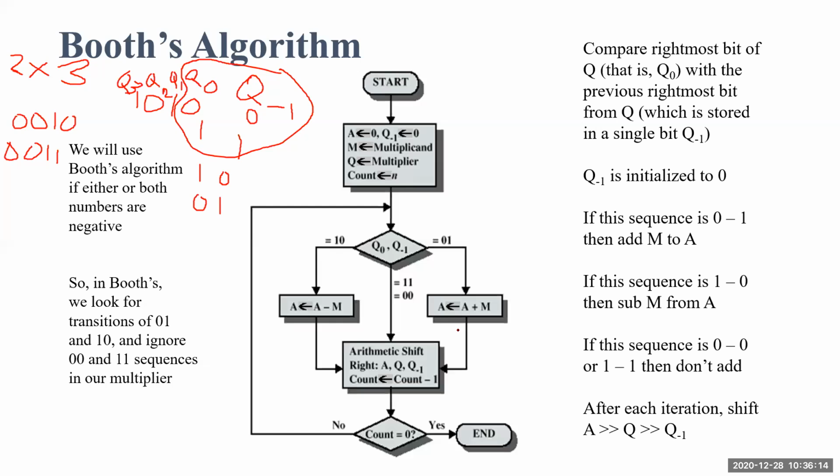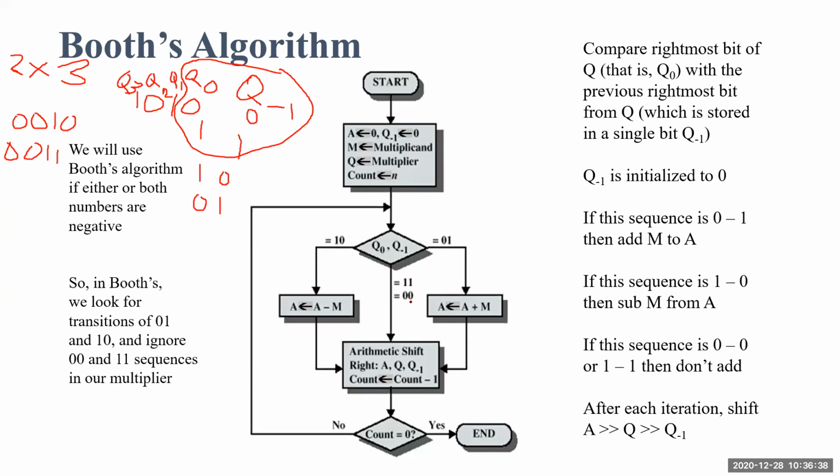And after that, it is mandatory that whatever may be the operation, whatever may be the conditions over here, whether it is 0 0, 1 0, 1 1, or 0 1, ultimately after doing that particular operation, the mandatory operation is that the right shift has to take place. Arithmetic right shift has to take place for all these 4 cases.